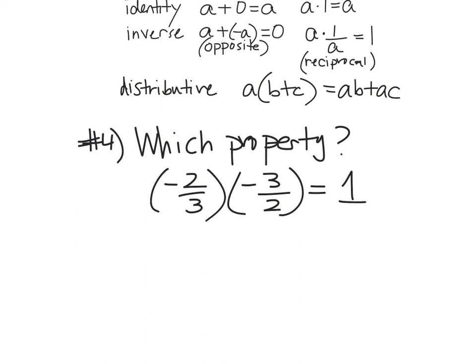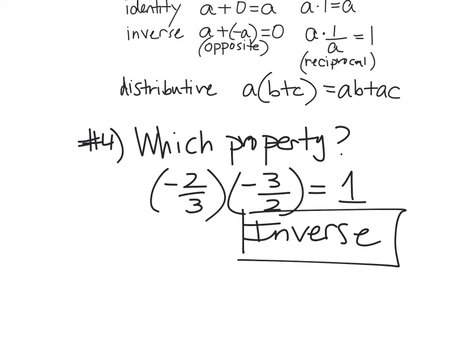Which property says that a number times its reciprocal equals 1? Do you see it? Yes, there it is. It's the inverse property. So anything times its reciprocal equals 1. That is the inverse property. You can write inverse property of multiplication, but you don't need to write all that. Inverse property is fine. Okay?